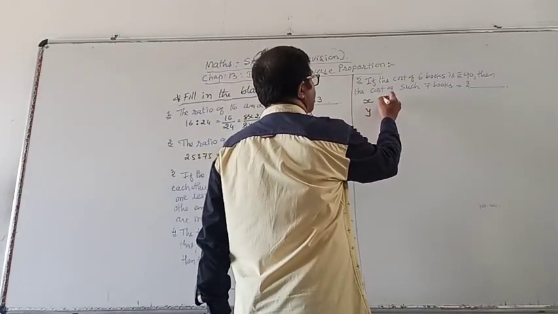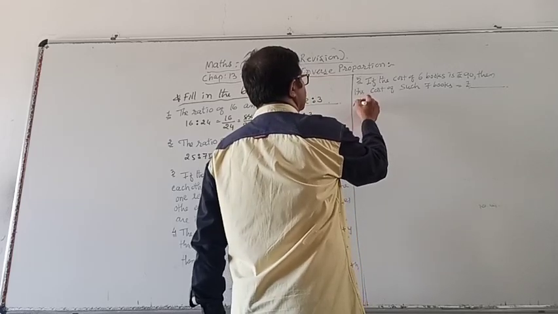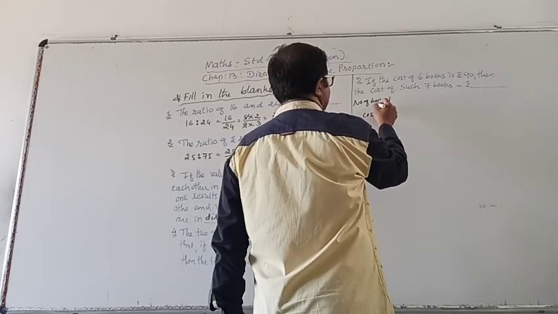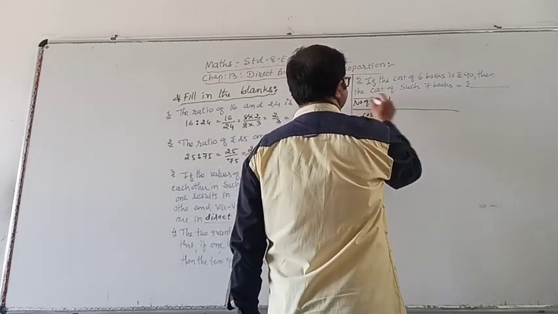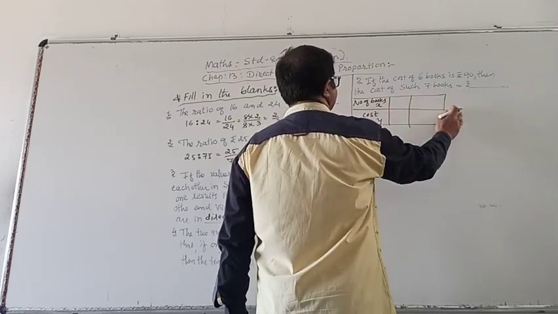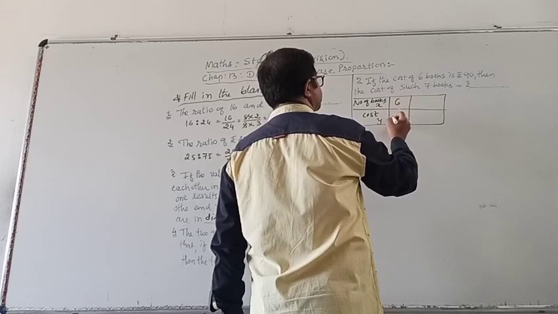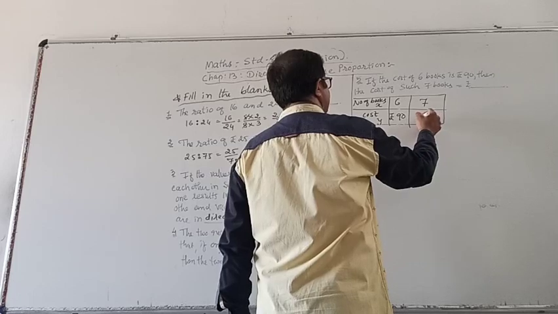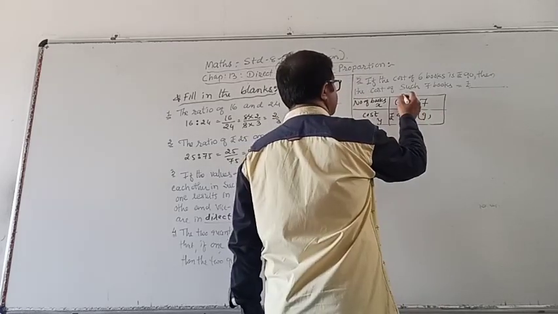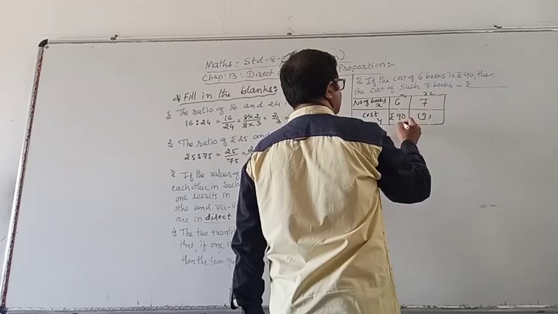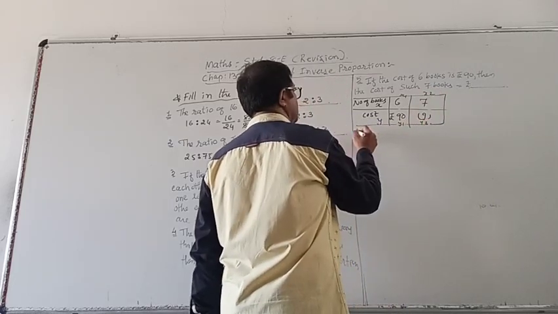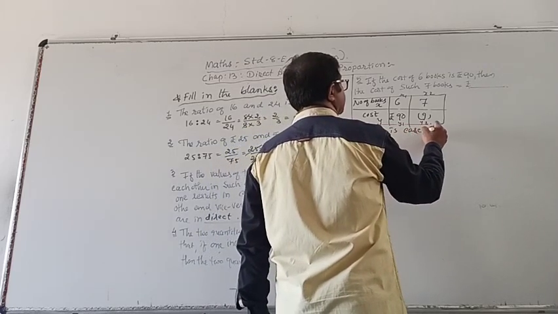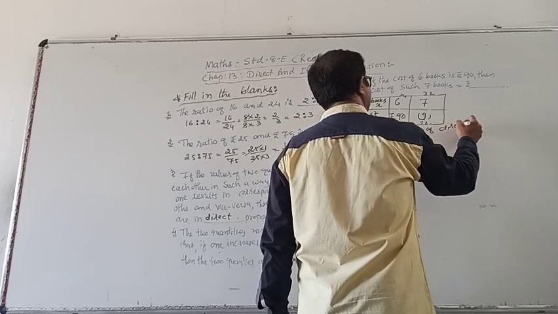So number of books and cost, we take as x and y. Number of 6 books costs rupees 90, and we have to find for 7. We can take these as x1, x2, y1, y2. Here it is a case of direct proportion.